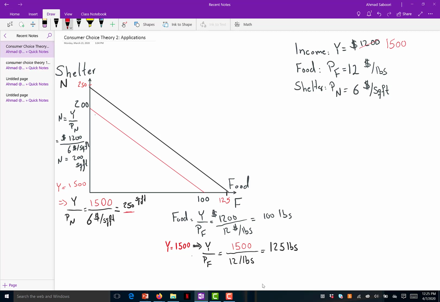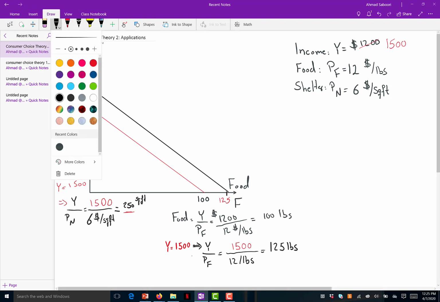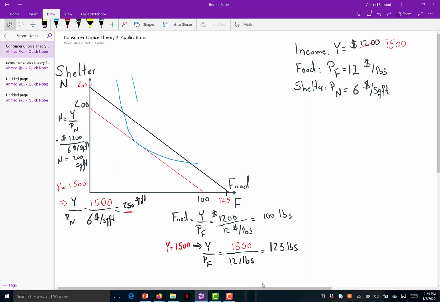So what happens in conclusion is that raising the income generates all these new possibilities of consumption, all these new bundles of goods and services in this area that were not possible before. So clearly, given the new budget line that is higher, we can move from the previous level of indifference, which was, let's say, here, a point of tangency, to a higher indifference curve, at the new point of tangency with the new budget line.